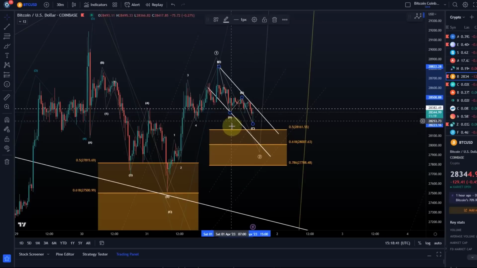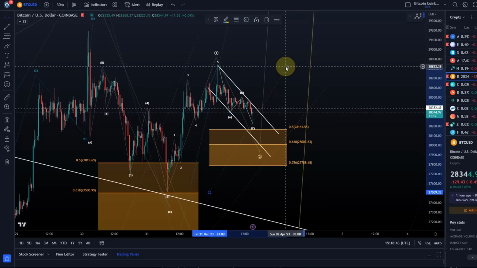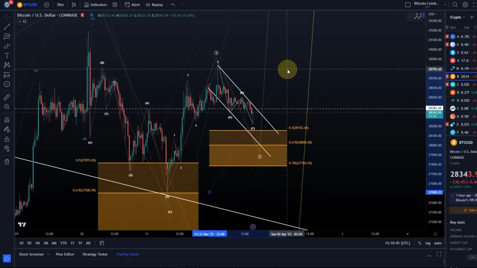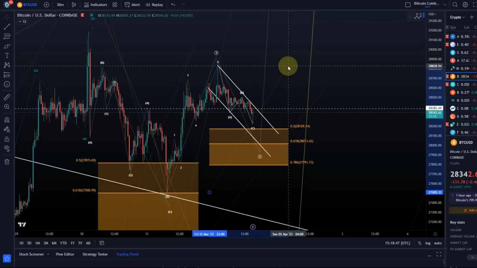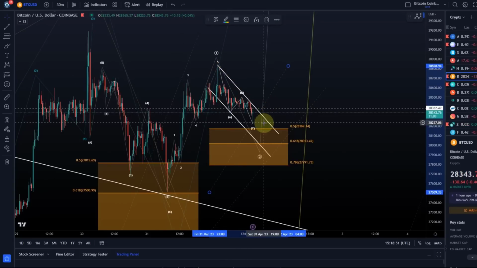You can draw the fibs. These fibs are obviously measured, and the prices I give you for invalidation points depend on this wick, which reached 28,830 on Coinbase.